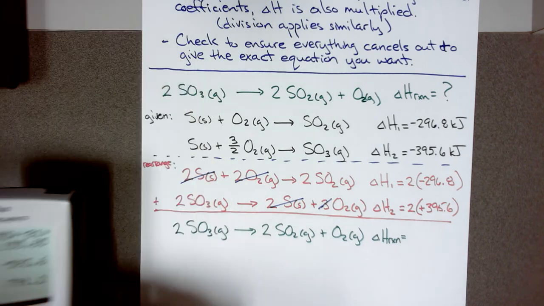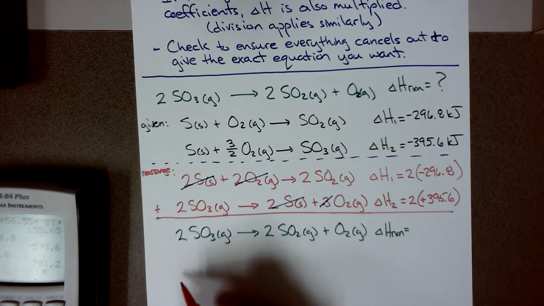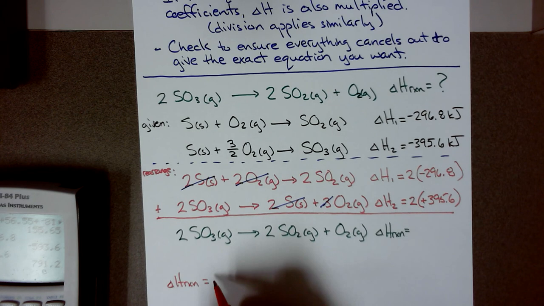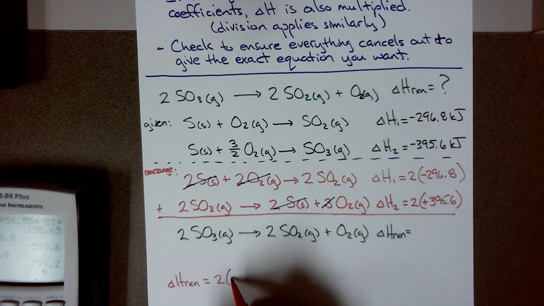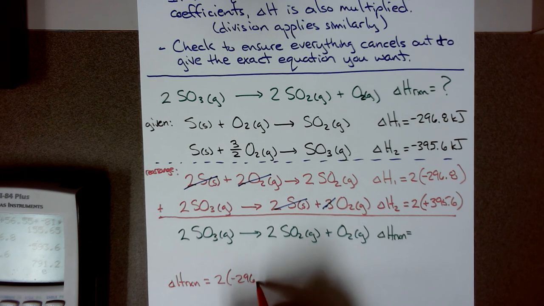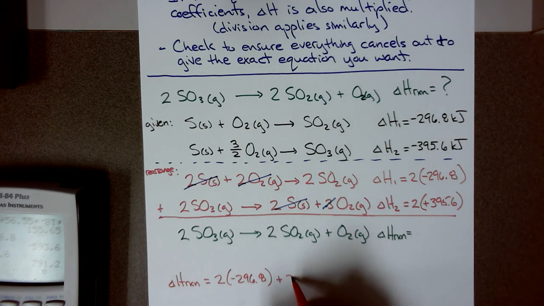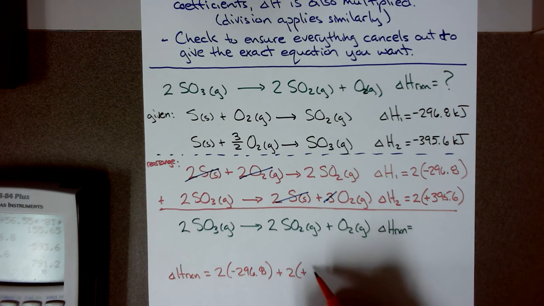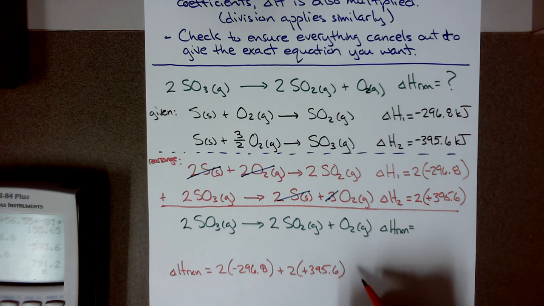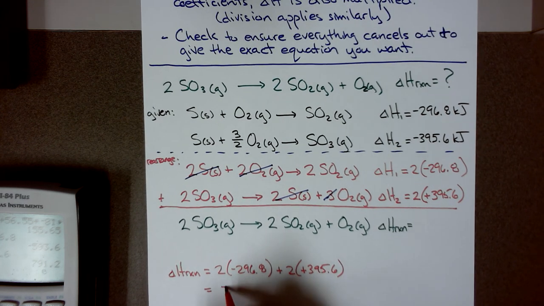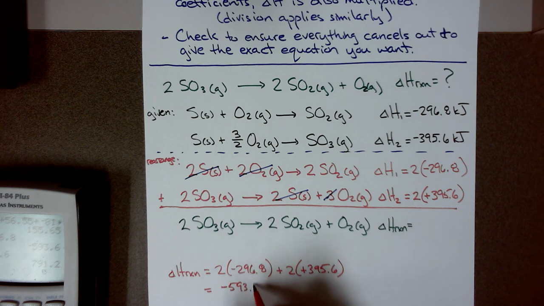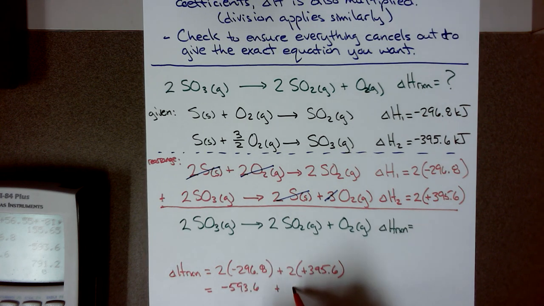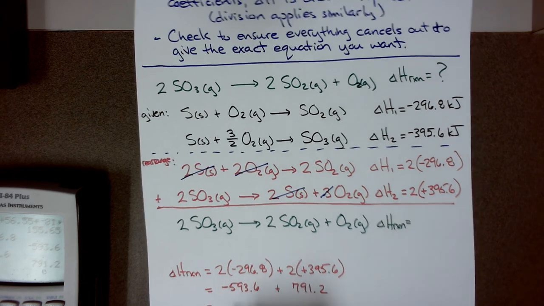I'll write it down here so you can see that the delta H of the reaction is equal to 2 times a negative 296.8 plus 2 times a positive 395.6. This is a negative 593.6 plus a positive 791.2.